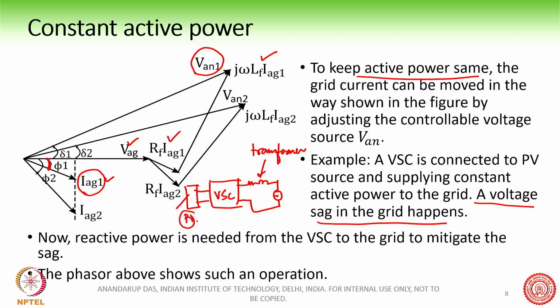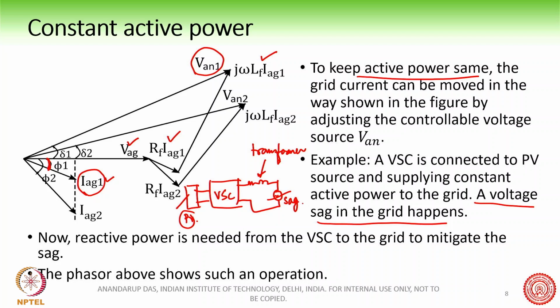Of course that is the primary function, but there are some secondary functions which are also required from such VSCs. One of the secondary functions which is also very important is to supply a certain reactive power when a voltage sag in the grid happens.